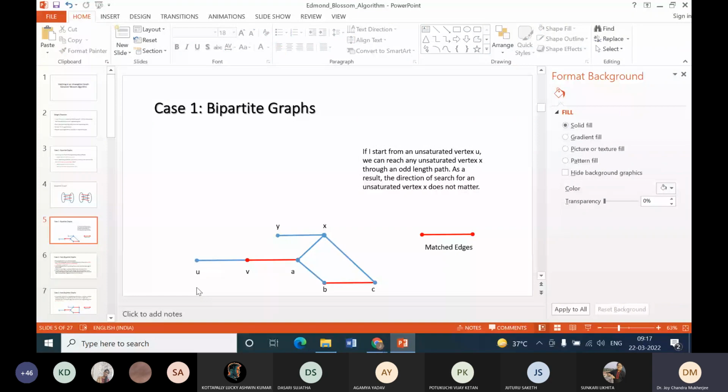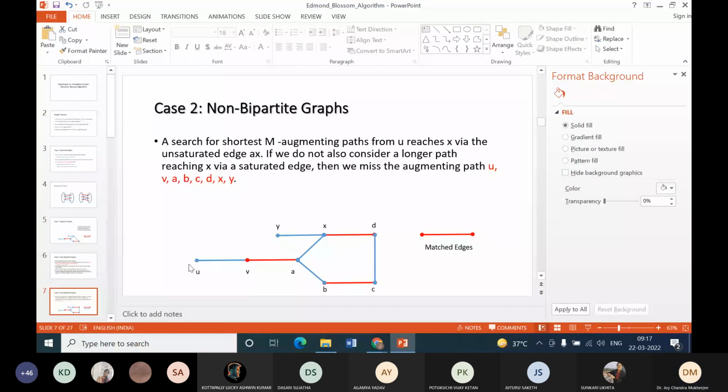But what is the problem with non-bipartite graph? Let's see the case with a figure. Okay. So this is an odd cycle. Now you start from U, you go to V, there is a saturated edge. Now, if you go to A to X, you see that you reach X through an unsaturated edge, AX.